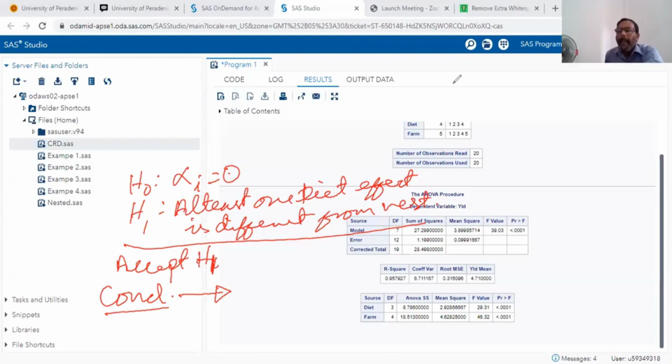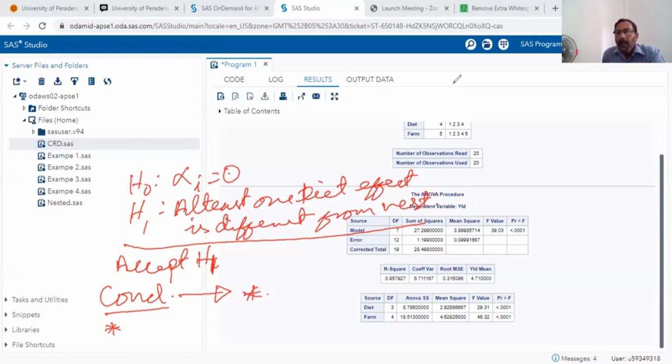That is one type of saying that we can declare. Then in another way, at least one diet has different yield. What yield? Milk yield. At least one diet shows different milk yield compared to the rest of the diet.